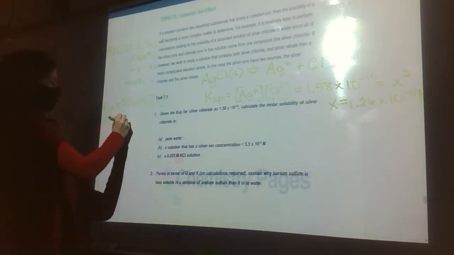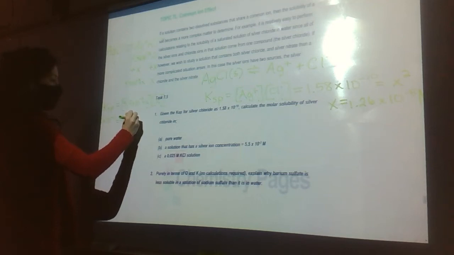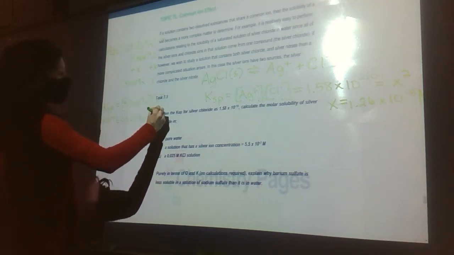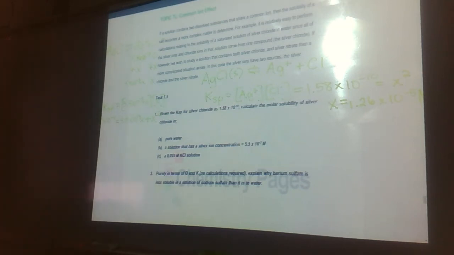I get 5.5 times 10 to the negative third x plus x squared. And then what? How do I solve for x with this? Quadratic, right? I have an x squared, an x, and a number, so I'm going to do the quadratic equation.